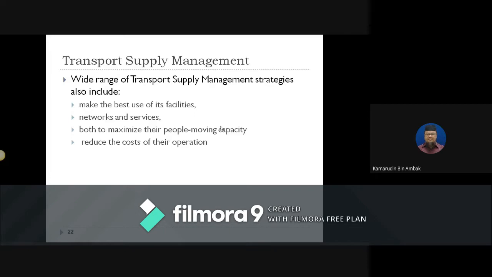A wide range of TSM strategies includes making the best use of its facilities, including infrastructure and control operation systems, networks and services, to maximize their people-moving capacities and try to reduce the cost of their operations. So that's how TSM looks at it.